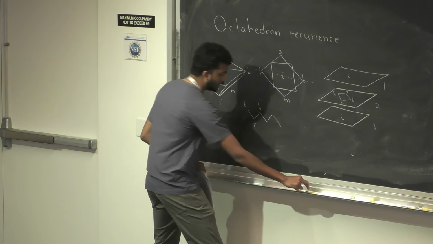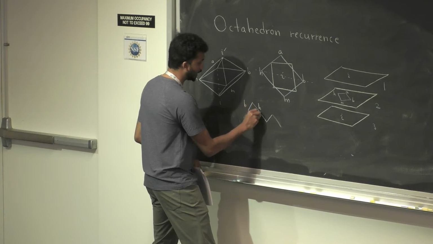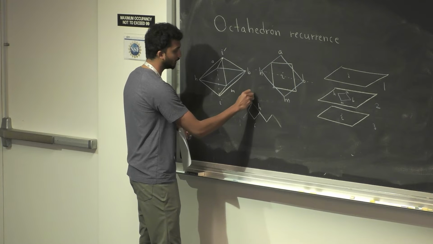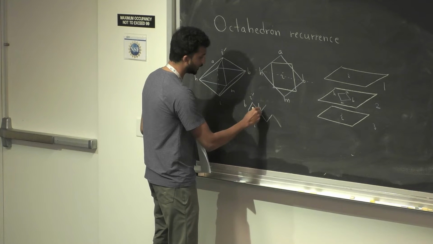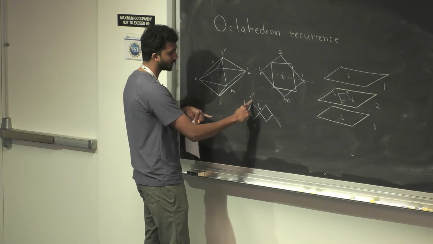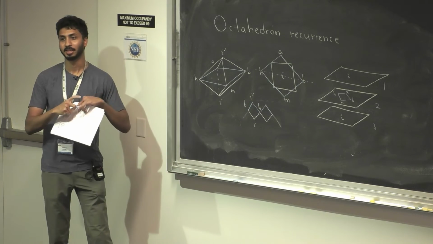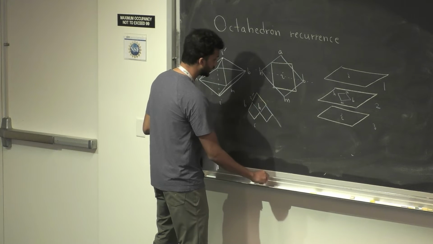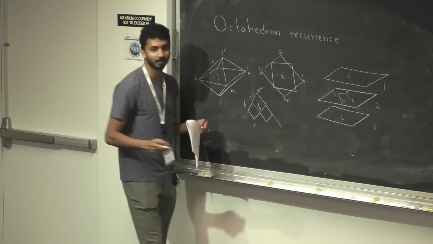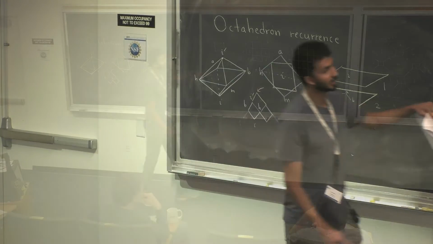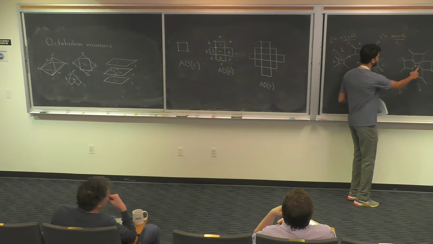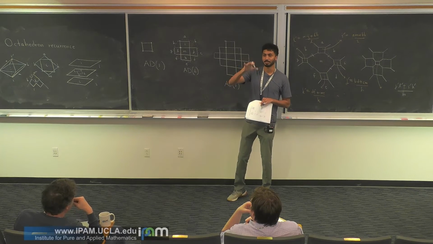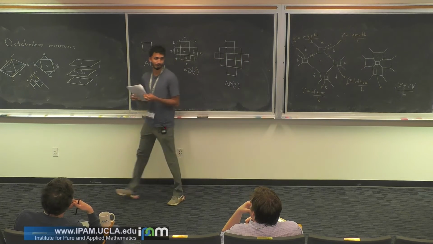And when you place an octahedron, in the slice you see it as placing a square, and your I prime lives over here. And similarly, the other octahedra that you place, so you get a picture that looks like this, and you see a smaller Aztec diamond, and then you place another octahedron on top of that, and you get a cluster variable at the very top, and that's this one over here. So you can think of this process as completing this pyramid and asking what is the cluster variable at the very top.